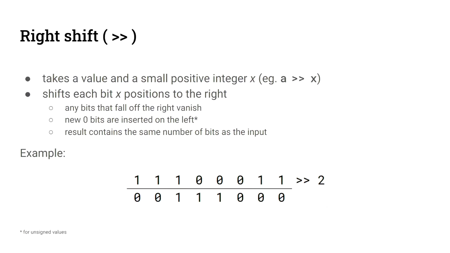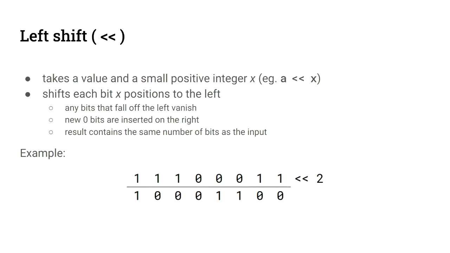So you take a value, and you take a small positive integer, and you can essentially drag that value over to the right. So any bits that fall off the right are going to vanish, just like bits on the left vanish for left shifting. New 0 bits are inserted on the left with some catches. And the result always contains the same number of bits as the input, as we saw with the previous example as well.